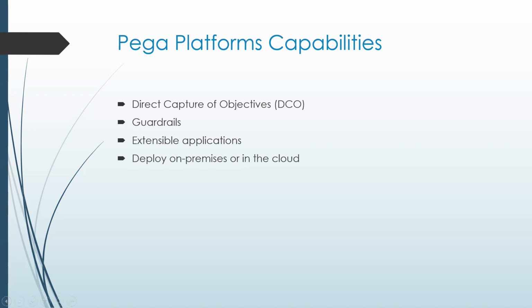Okay. Then we have something called guardrails. For any tool, any platform you take, it has its own best practices and standards that you have to abide by, correct? Here also, Pega has certain best practices and it defines a score for your application. This score is called the guardrail score. It defines the health of your application.